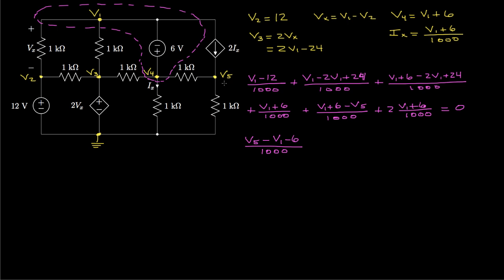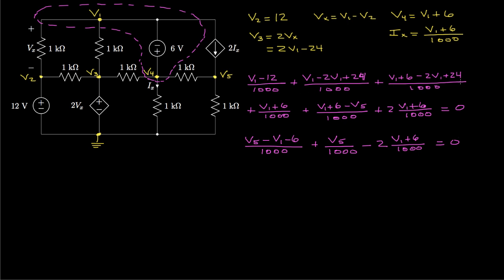Then we've got this current, which is V5 minus 0 over 1000. And then minus 2Ix, since that enters the node. And Ix is V1 plus 6 over 1000. And set that equal to 0.